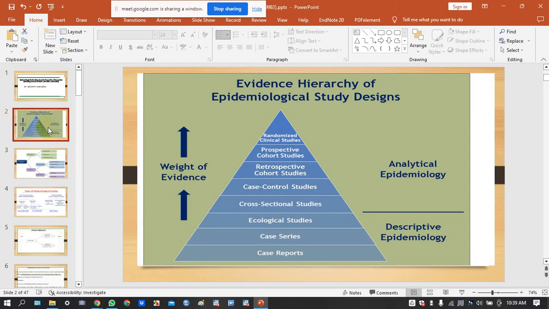So we have the evidence hierarchy of epidemiological study designs. When somebody says he is doing research, the research is in a hierarchy.